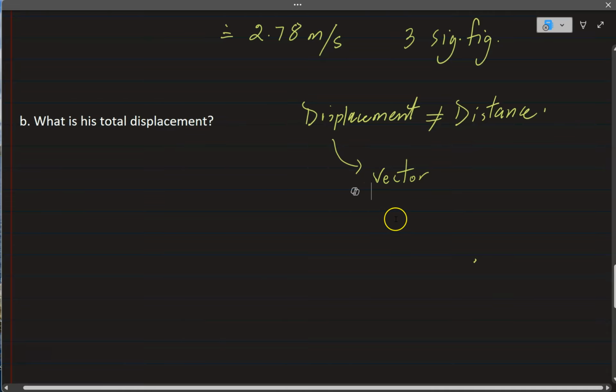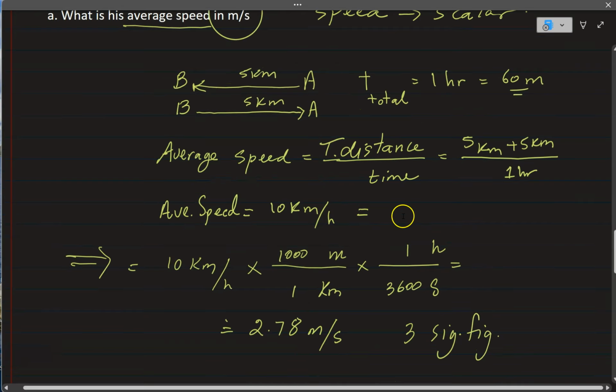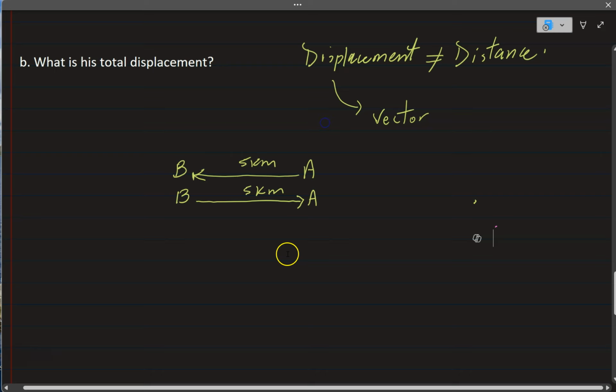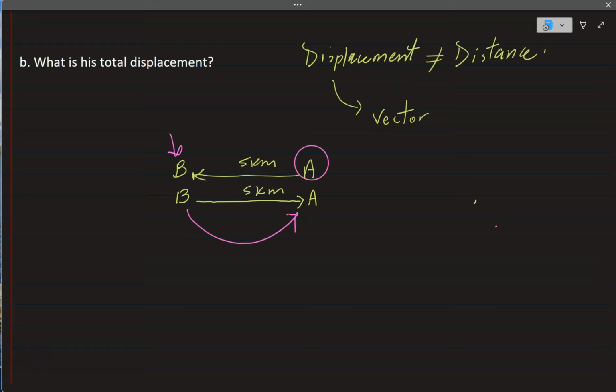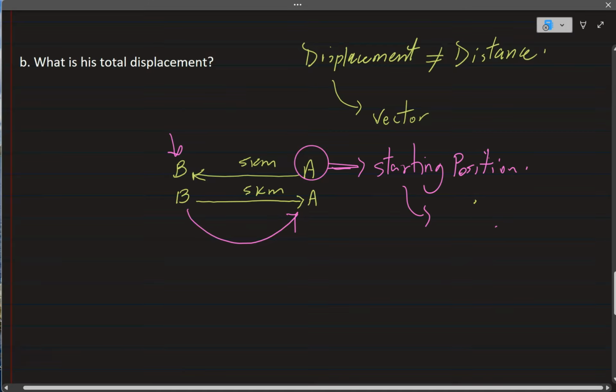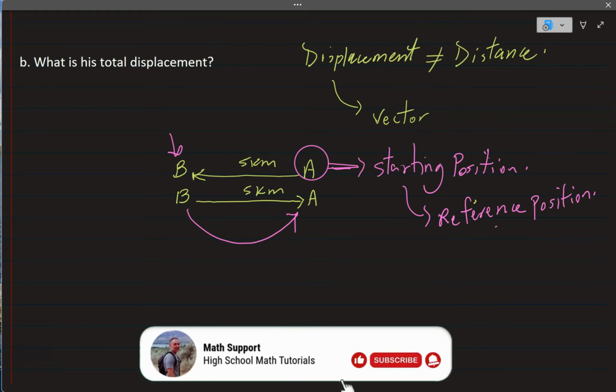So now let's go back to the question again. Okay, so here is the story. It starts here and goes to B, and then turns around and goes to A. A is the starting position, also called the reference position. You must have a reference position.